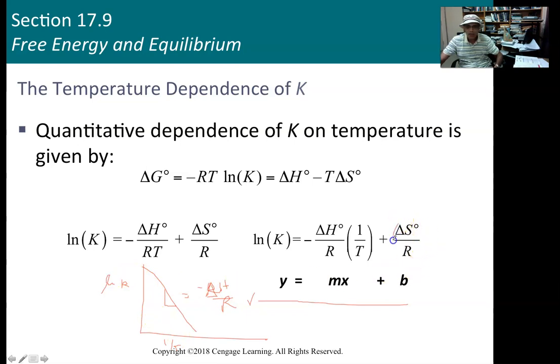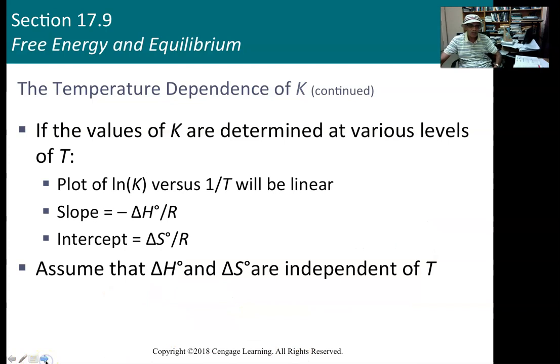And what about the other term? That can be ascertained from where it cuts the y-axis. That's the y-intercept. Very useful equation in the plot form. So this is the intercept, that is the slope, for the plot of ln K versus 1 over T.